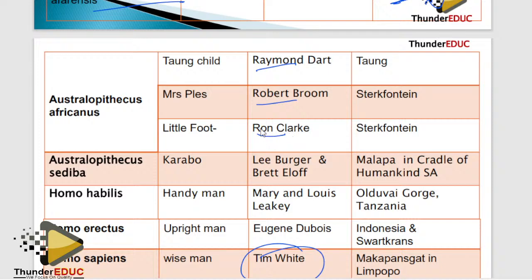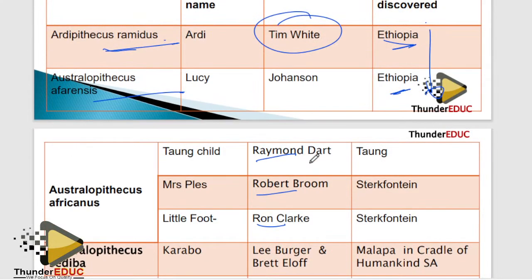So they cannot ask you about Taung Child, Littlefoot, Mrs. Ples, and then you start thinking about Lee Berger. All of them start with R. Is it clear? Yes. Taung Child, Raymond Dart. It has the A, it has the A. Is it clear? Yes.